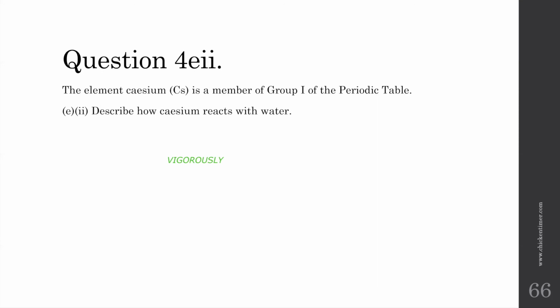So cesium reacts with cold water explosively to produce an alkali, to produce cesium hydroxide and hydrogen gas. So you can also indicate that you see effervescence because hydrogen gas is being produced. Effervescence means bubbles. So it's more violent and more explosive. The answer is just a summary.